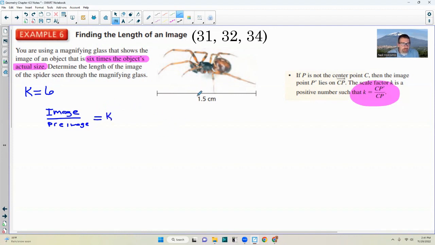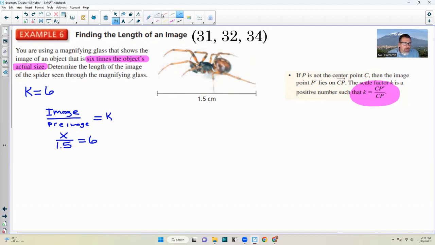So this is the pre-image here. We know that. So we substitute our givens, 1.5. We don't know what the image is going to be, but we do know that our scale factor is 6. So what value, after looking at this spider in the magnifying glass, divided by 1.5 will give us 6?